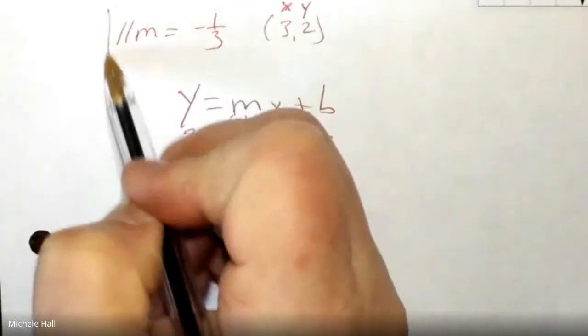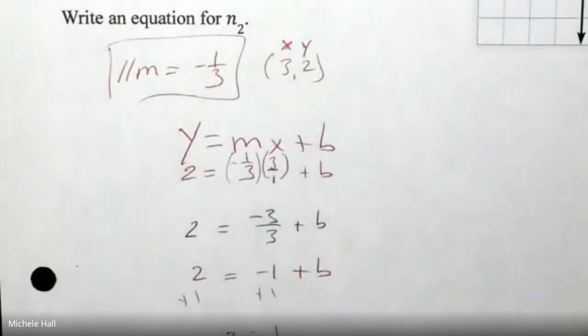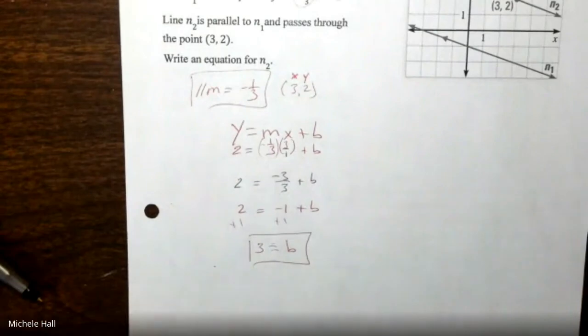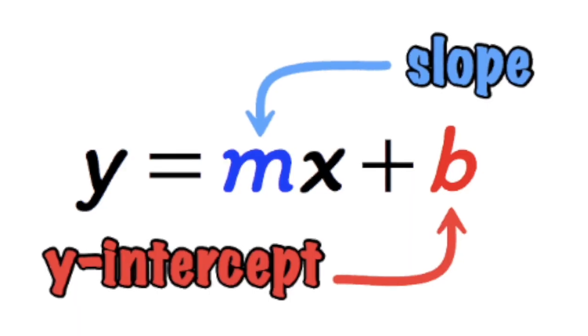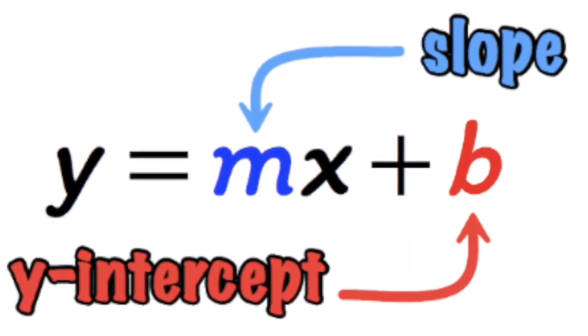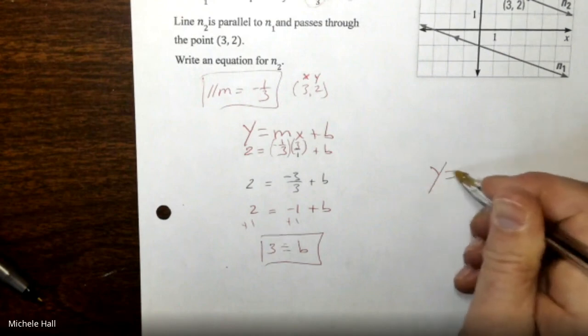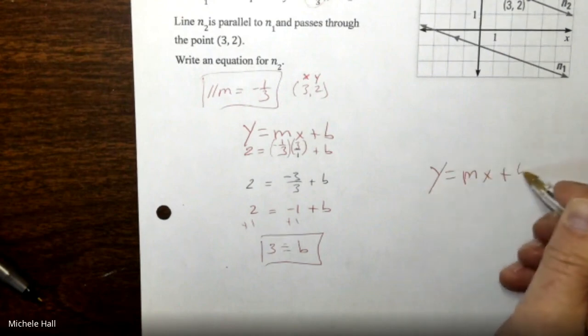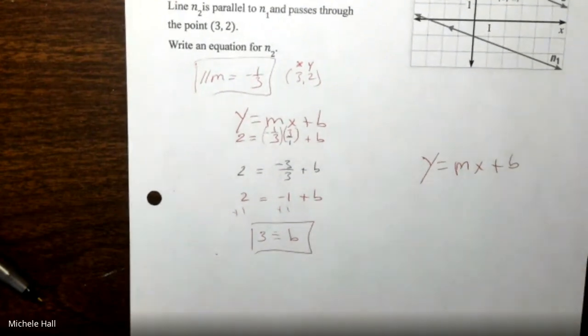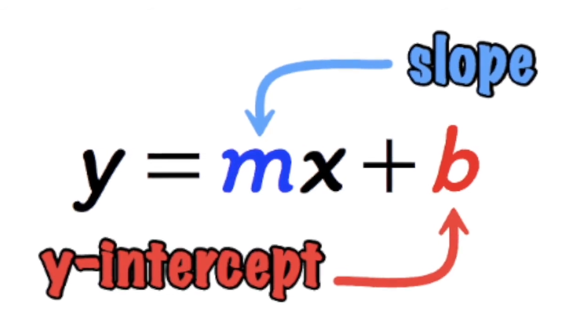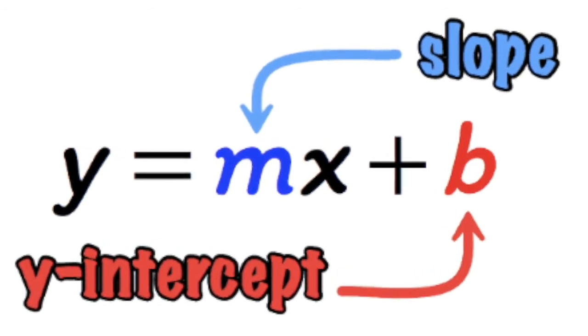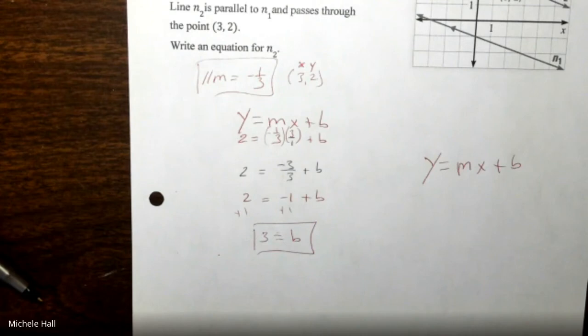If I have M and I have B, I can write an equation of a line. So I would start with this. If you're struggling, that's what we're trying to use. Do I have M? I do.